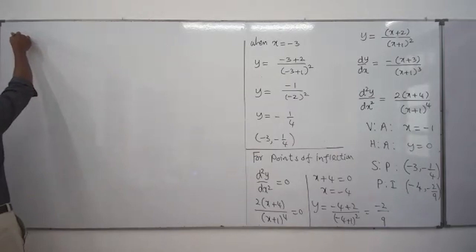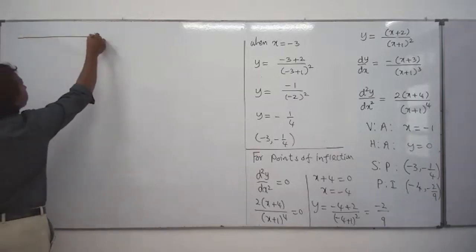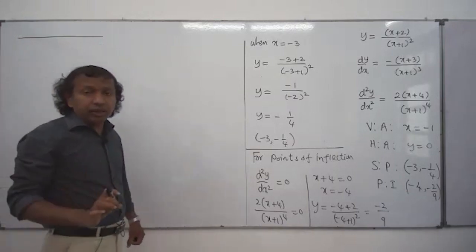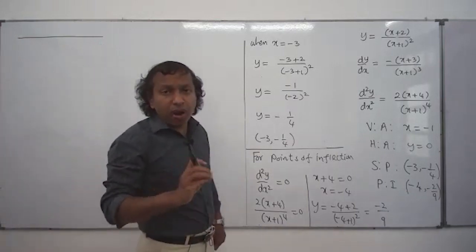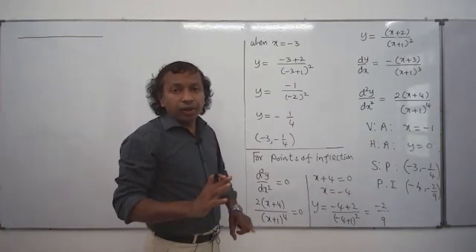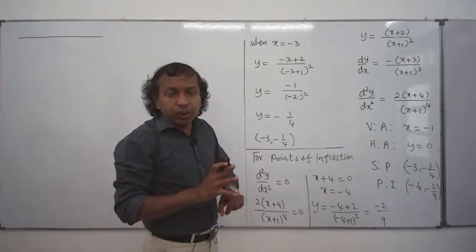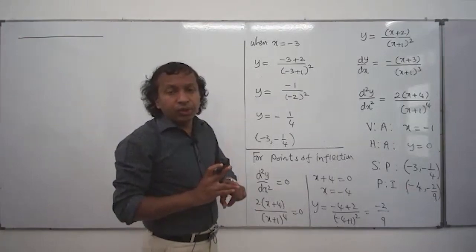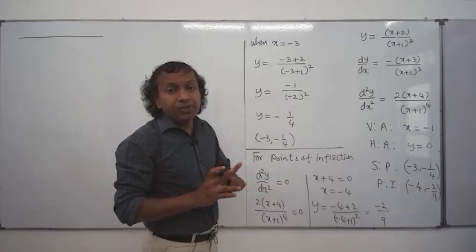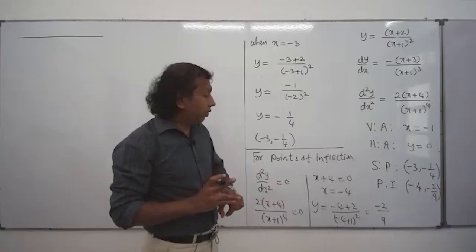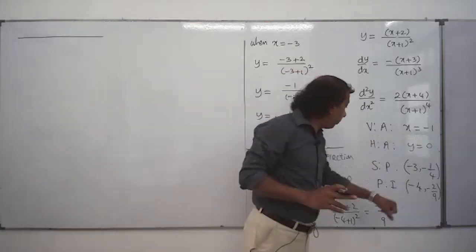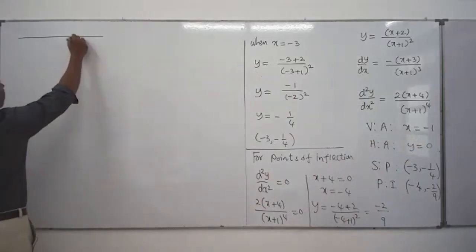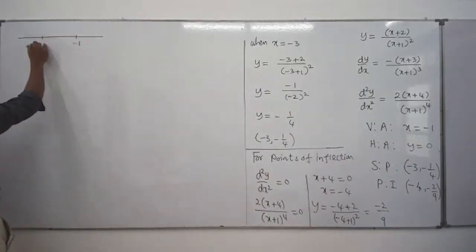First, we have to draw a line like this. On that first line, the x values you mark are the x values of vertical asymptotes and the x values where dy by dx is 0. That means stationary points. Vertical asymptote -1, stationary point -3. Then -1 here, -3 here.